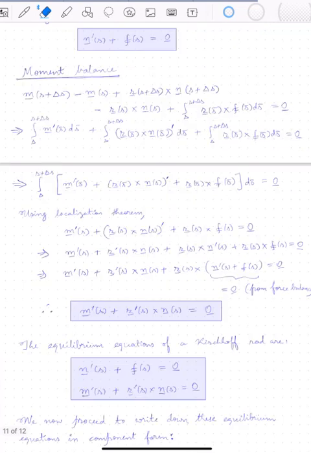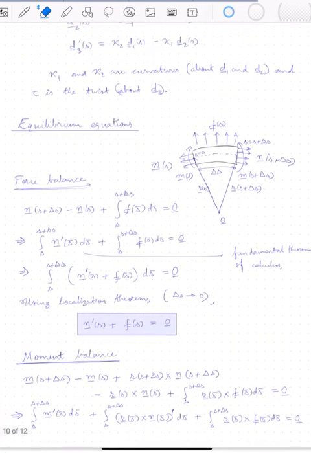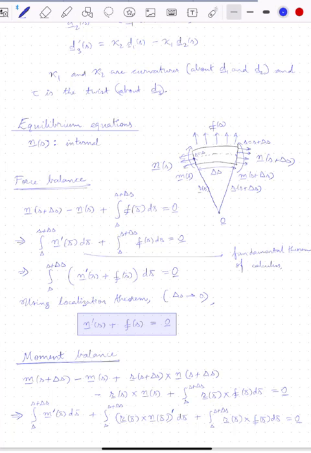I could not mention that n vector of S is the internal contact force, that's a more appropriate word, and m vector of S is again the internal contact moment, and F vector of S is the external loading, the external body force.